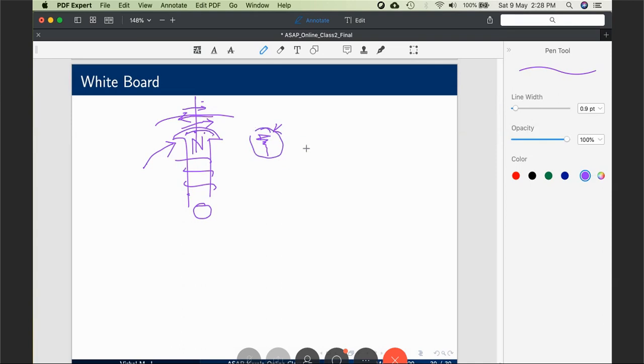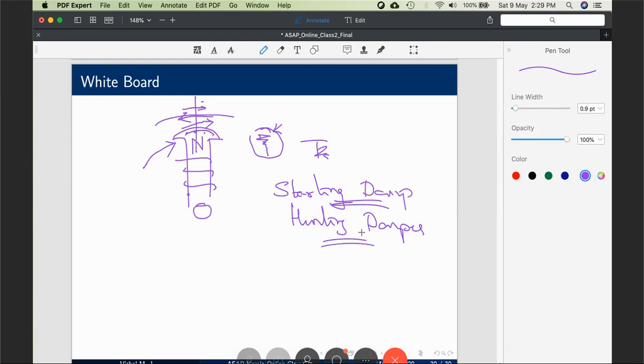So remember, your starting damper and hunting damper are both different. Starting damper is used to start the synchronous machine because it is not inherently self-starting. Hunting damper is used to prevent hunting during load changes of the synchronous motor. Hope the concept is clear.